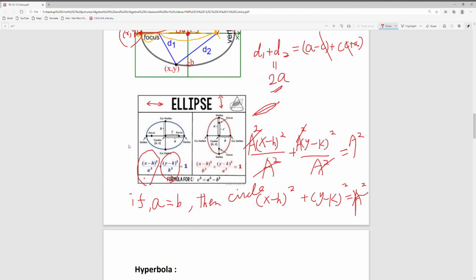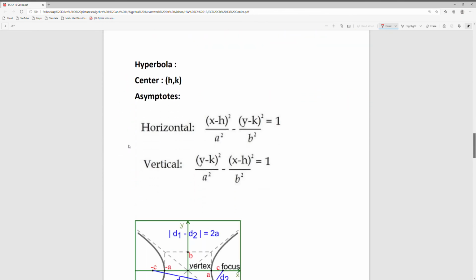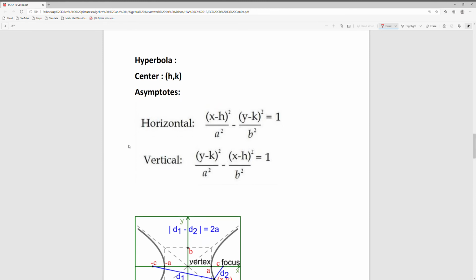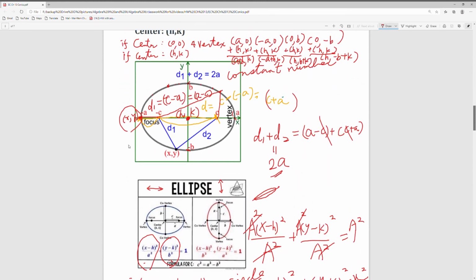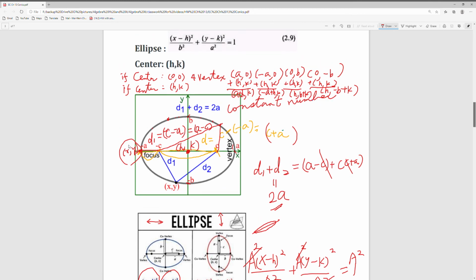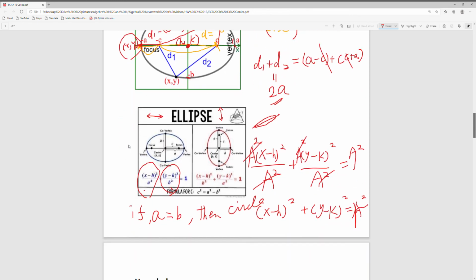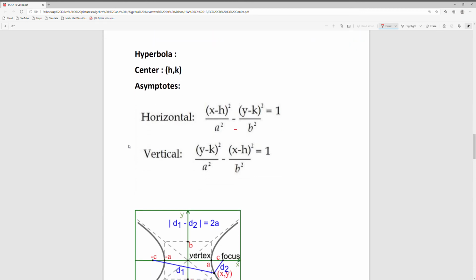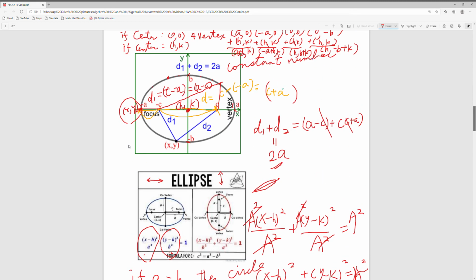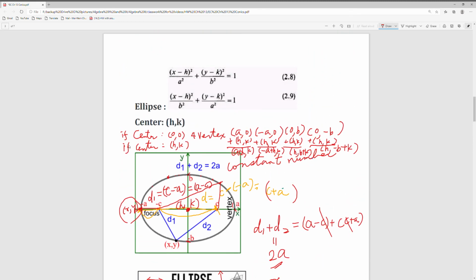Now next we go to the hyperbola. The hyperbola has a similar formula, and this similar formula just changes the addition to subtraction. The ellipse formula has addition. And why do we have this formula? Because if you follow the distance formula, it is a very complicated calculation, and equals 2a.